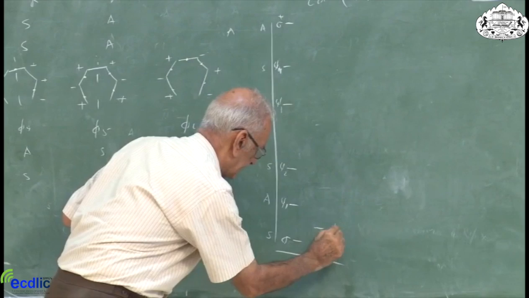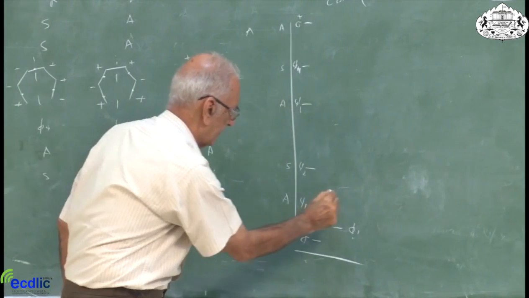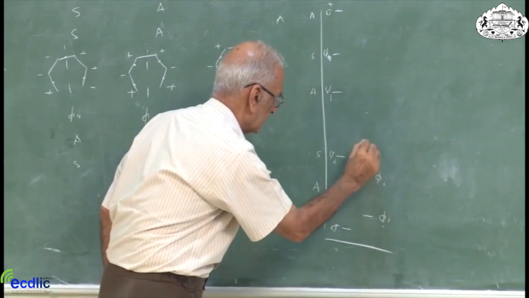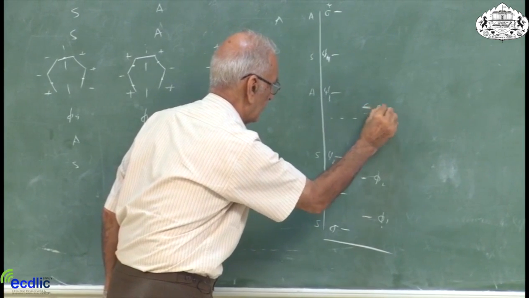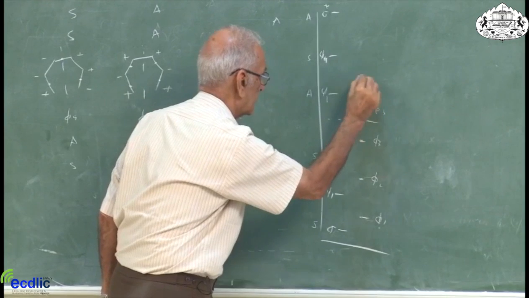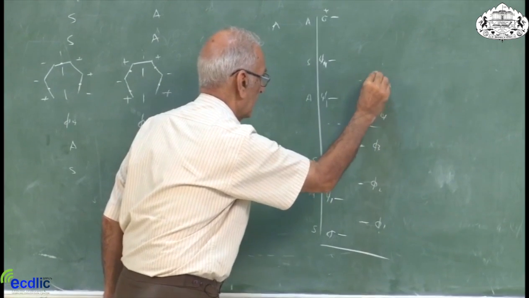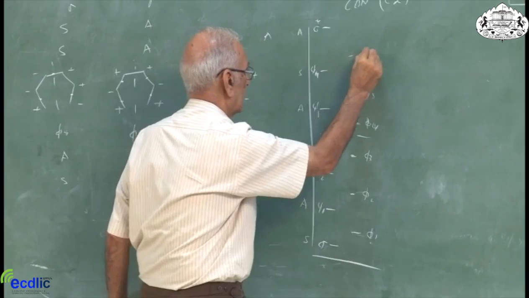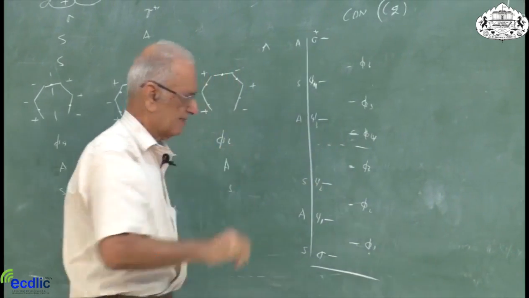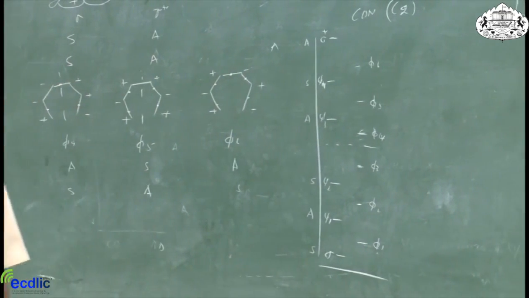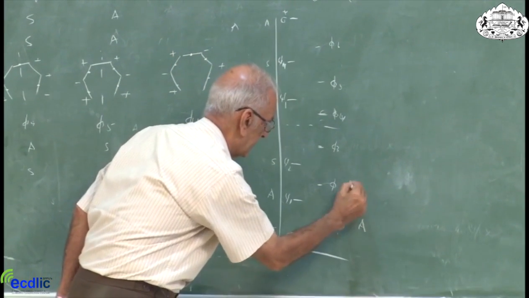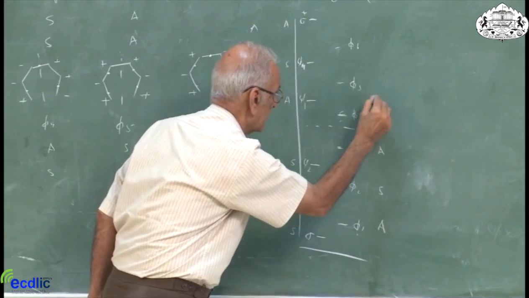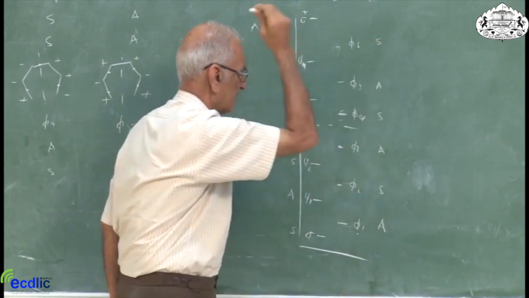Phi 1 is lower in energy than psi 1, phi 2 is in between, phi 3 is here, phi 4 is lower than this, phi 5 is in between, phi 6 is here. A, S, A, S, A, S.